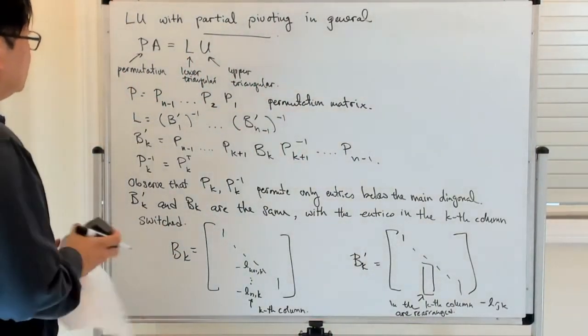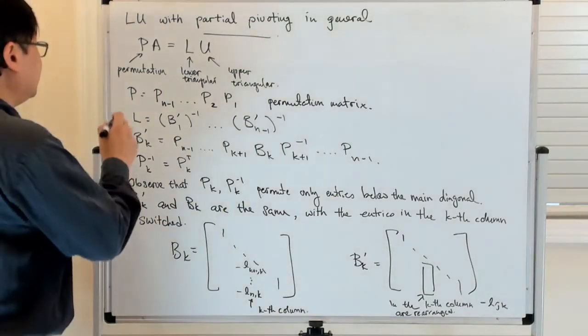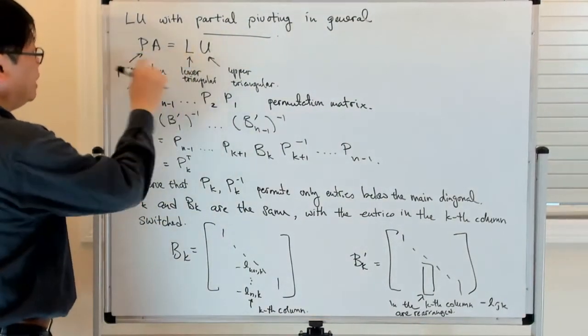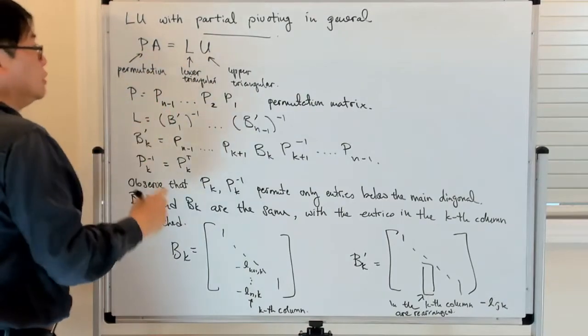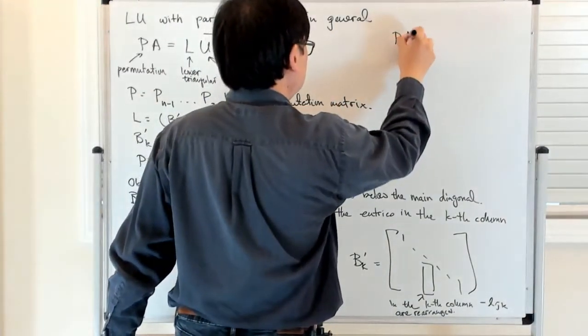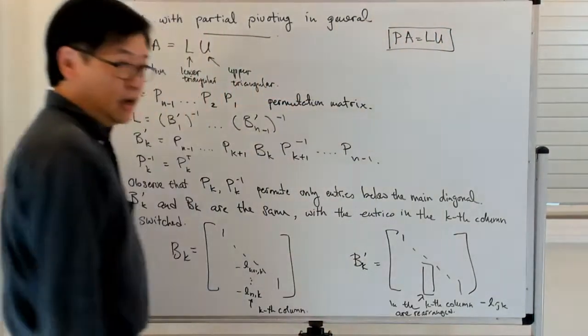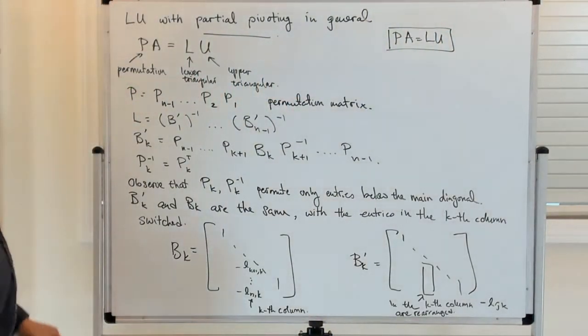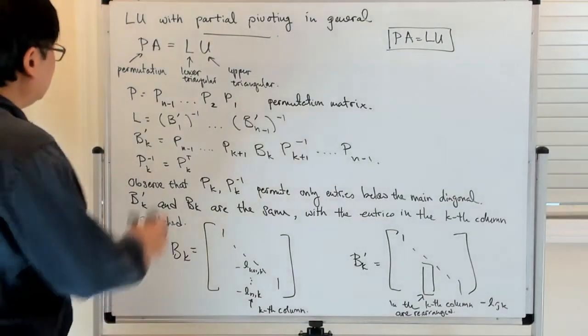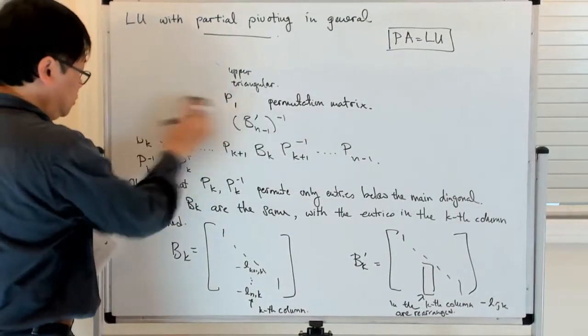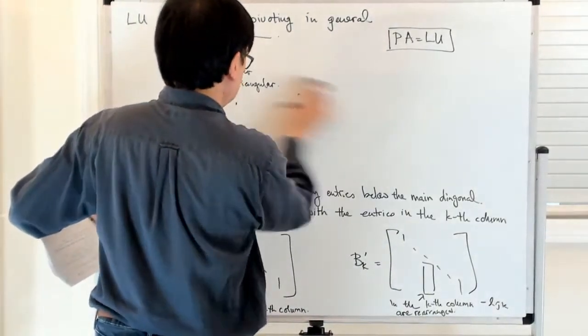You might ask, if you have partial pivoting, the main difference is that instead of just having A equal to LU, you have P times A equal to LU. You can ask, how do you use such a decomposition to solve a linear equation? Let's see how you do that.